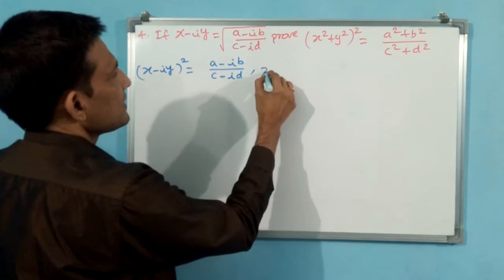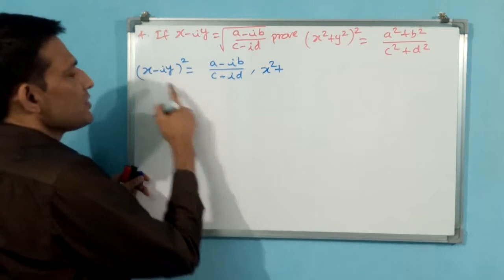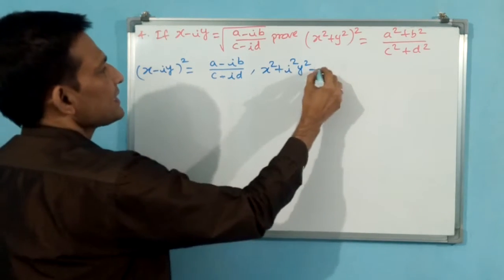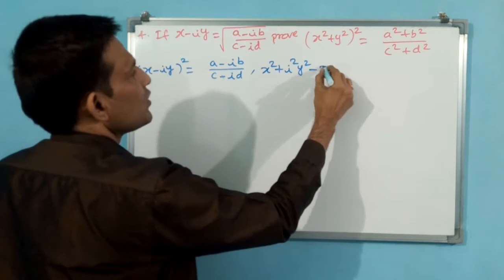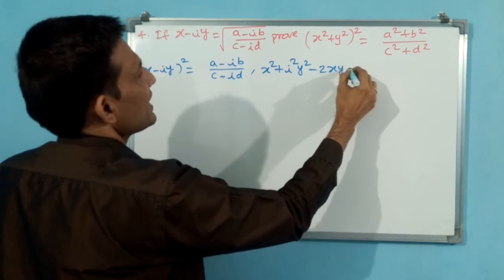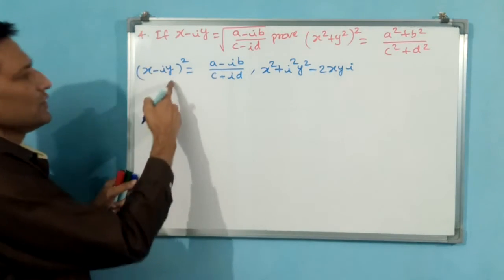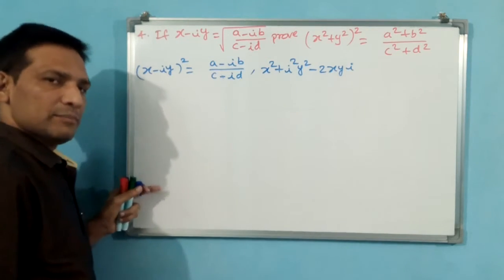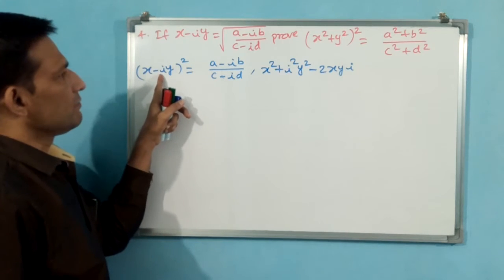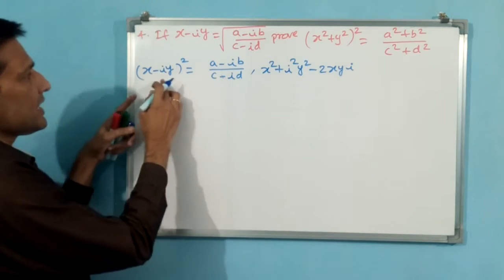x square plus i square y square minus 2xyi. This is LHS.